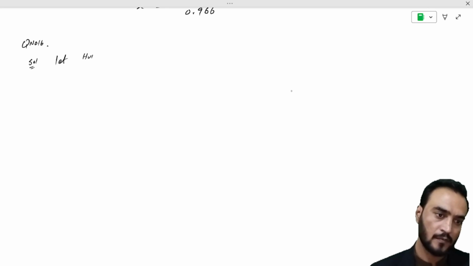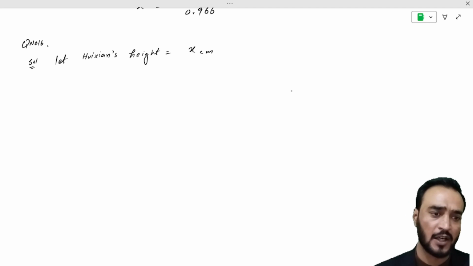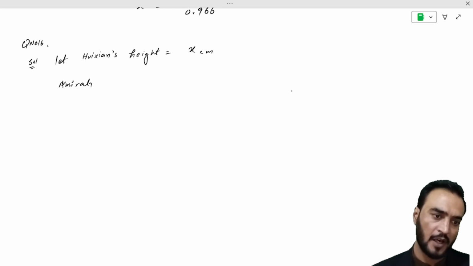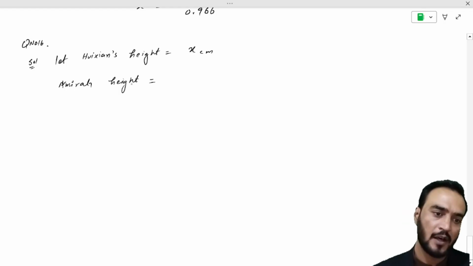let Hexane's height be x centimeters. Then Amira's height: as Amira is 8% taller than Hexane, we will find Amira's height as x centimeters plus 8% of x centimeters.